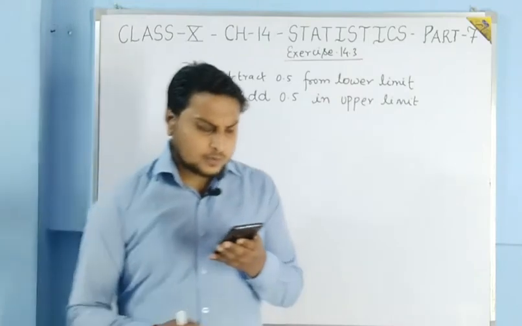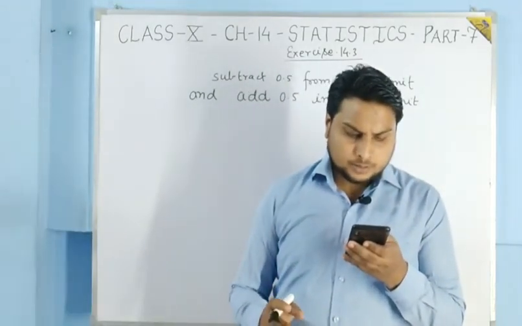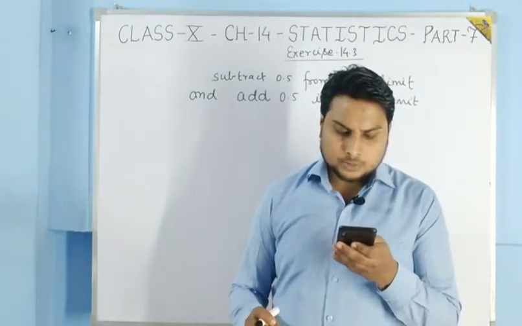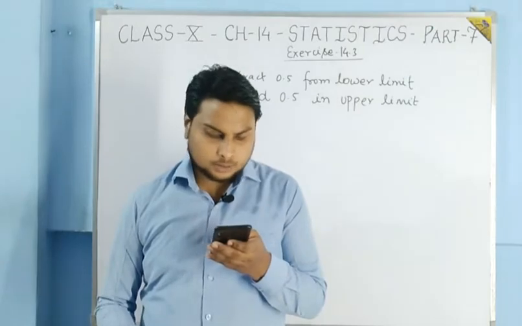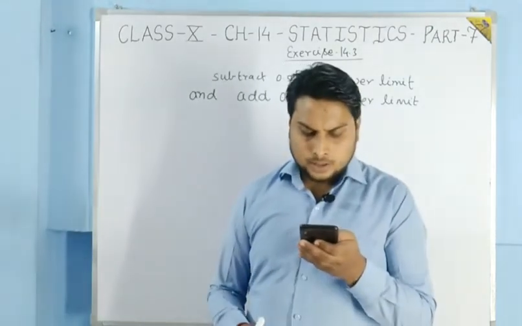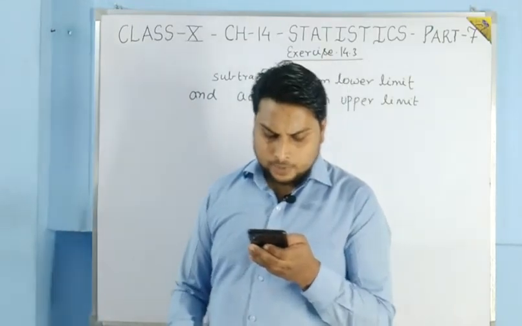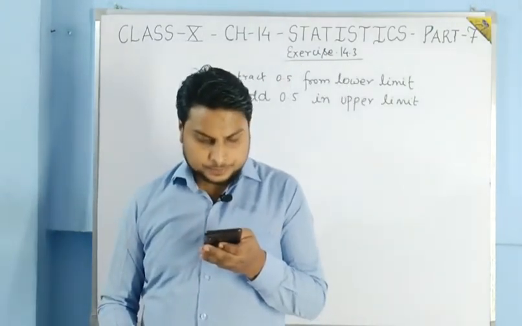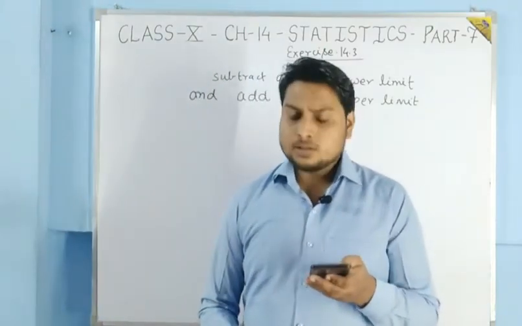Question number 5: the following table gives the distribution of the lifetime of 400 neon lamps. One table is given, so you have to find the median time of a lamp. So students, it is also very easy.